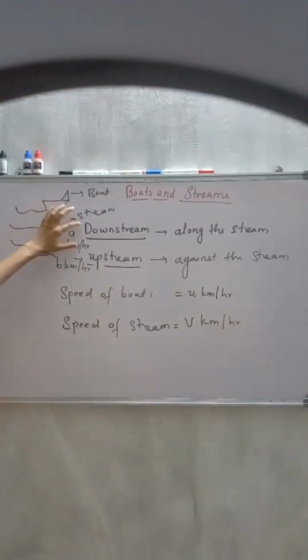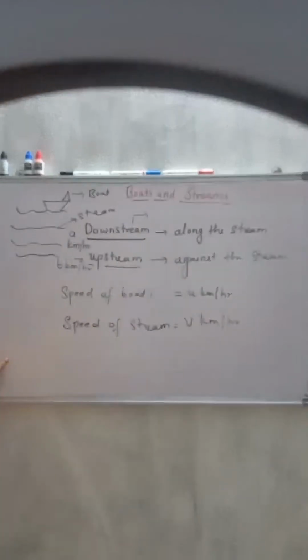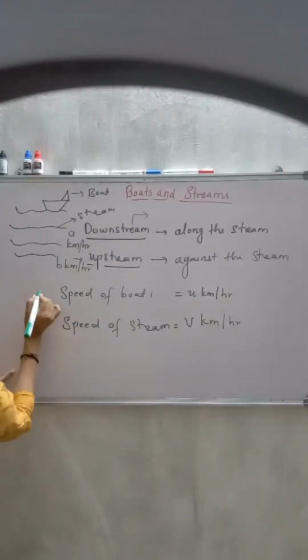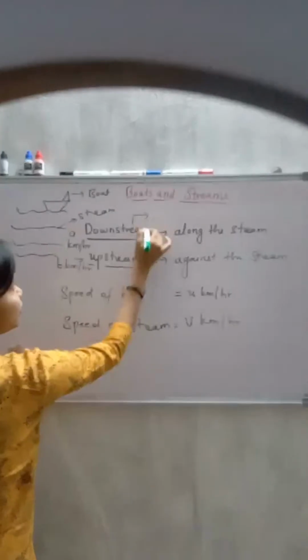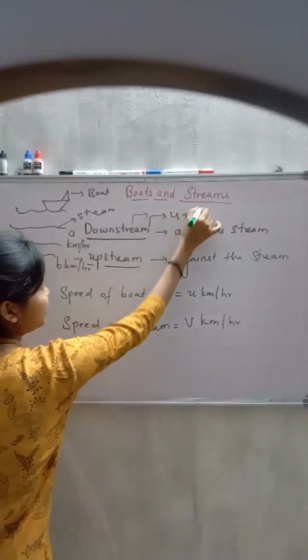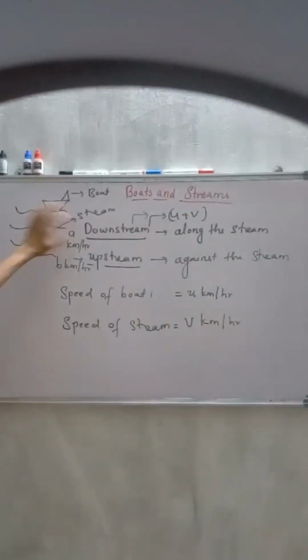Then this downstream speed will be the speed of boat plus speed of stream, because it is along the stream. So this downstream will be speed of boat plus speed of stream, is always speed downstream.